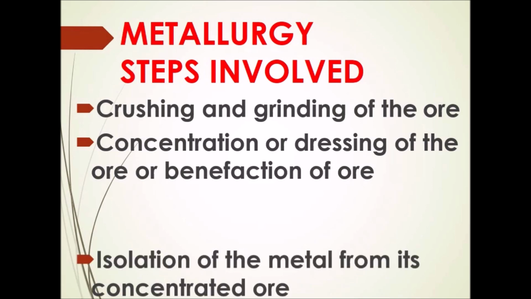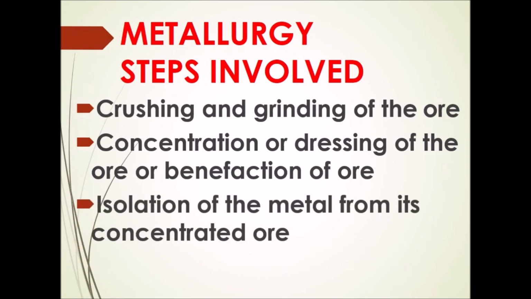The next process is isolation of metal from its concentrated ore. This is a very important step. It actually contains two steps. The first step is that the concentrated ore is converted into its oxide form, and then the metal oxide is reduced to metal.